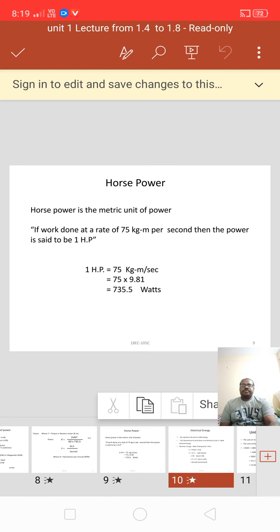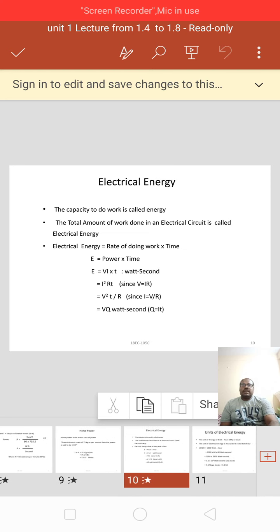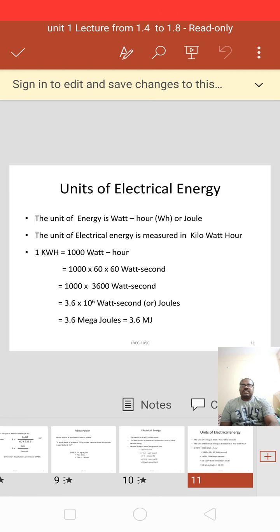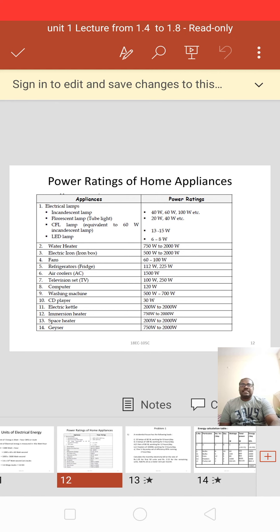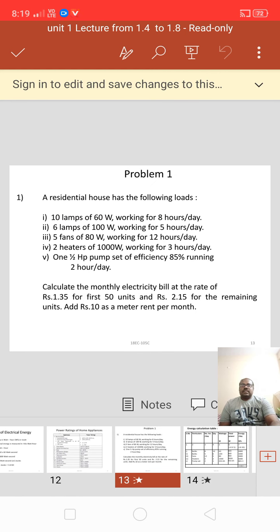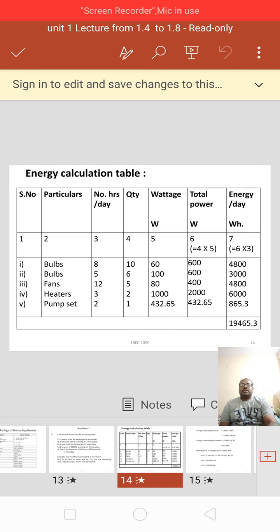horsepower, electrical energy and different forms of electrical energy, units of electrical energy, differences or power ratings of home appliances. Next, problems regarding the power consumption in our household activities.